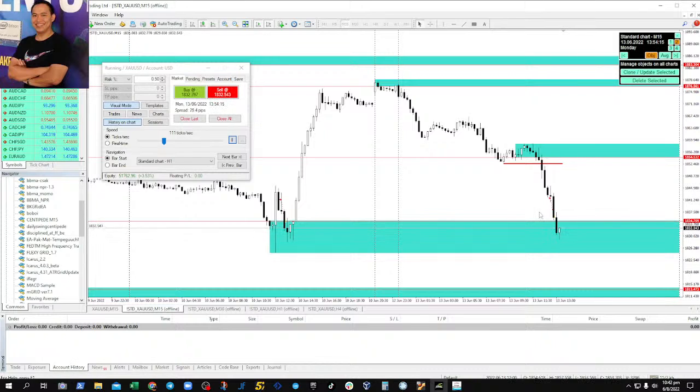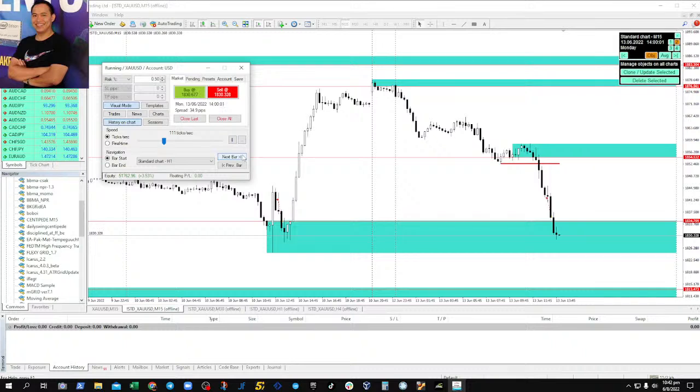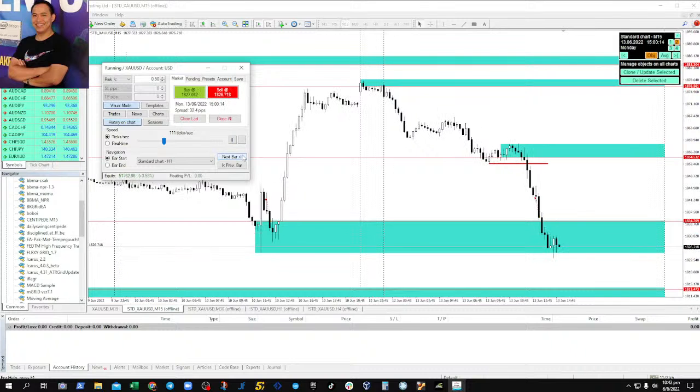Basically, this is a no trade zone for me. It's pretty big though, the zone, even on M15. It's almost 100 pips, over 90 pips. Okay, it's too long to wait. Let's move forward because price starts to range.